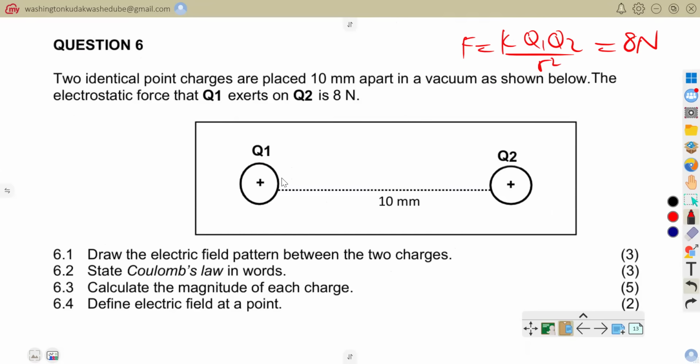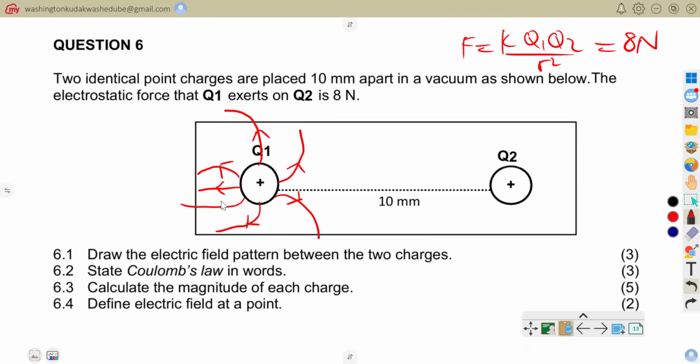They are positively charged particles, so definitely they are going to repel. And we know that the electric field always comes out of the positive to the negative.